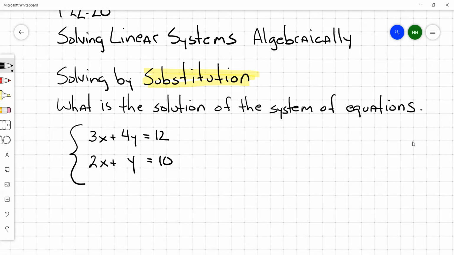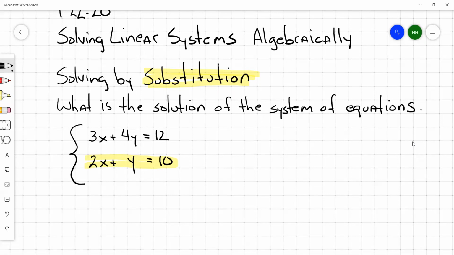Okay? Here's what I mean. When you're solving by substitution, the first thing you want to do is look at the two equations and see which equation would be the easiest to solve for one of the variables. And when I look at these two equations, this equation right here looks very simple to solve for y, because the y is sitting by itself.